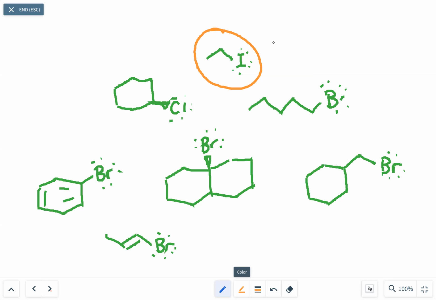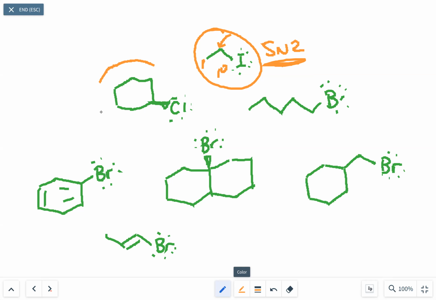SN2, right, SN2, because this carbon here is bonded to one other carbon, right? So it's primary. So this guy's primary. So it has to be SN2.